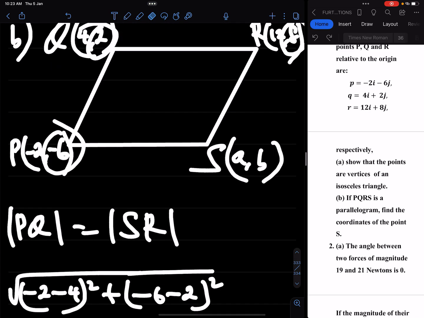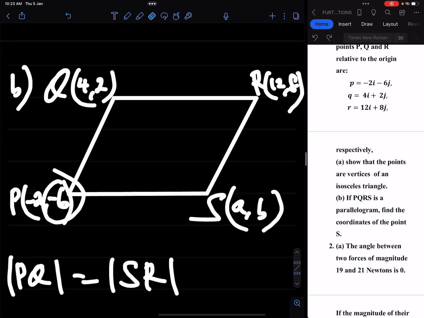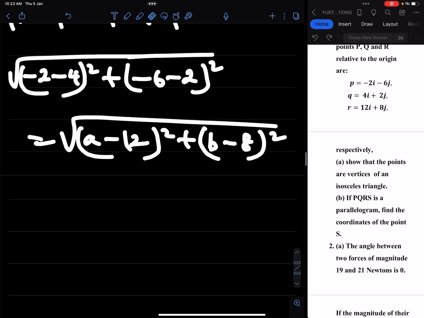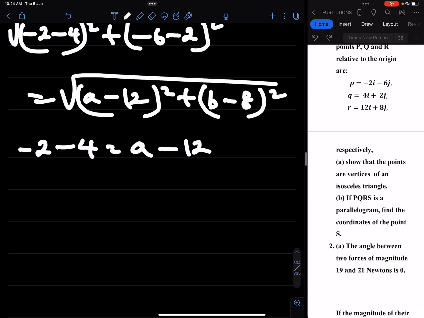Now, what do we make of that? We can now compare the two roots. This simply means that minus 2 minus 4 is equivalent to A minus 12, and in the same fashion, minus 6 minus 2 is equivalent to B minus 8. That's all I need to do to find A and B. So minus 6 equals A minus 12.